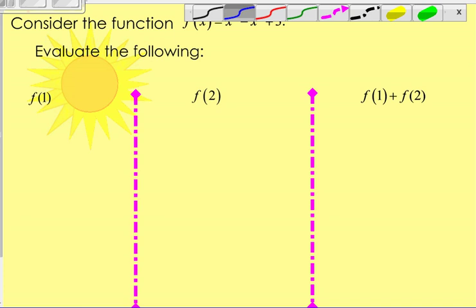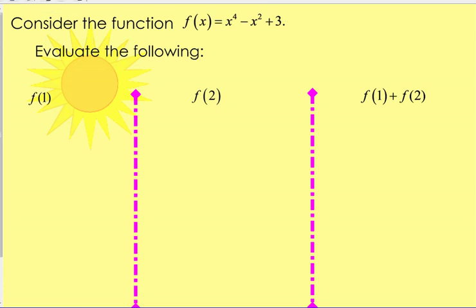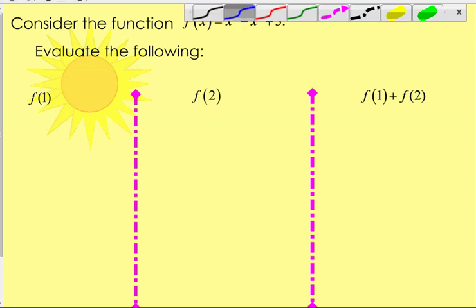Functions should be kind of a review for you from Algebra 2. If we are looking at the following function, f of x equals x to the fourth minus x squared plus 3, and they ask us to evaluate some specific things, here we're just going to plug in the value they gave us.